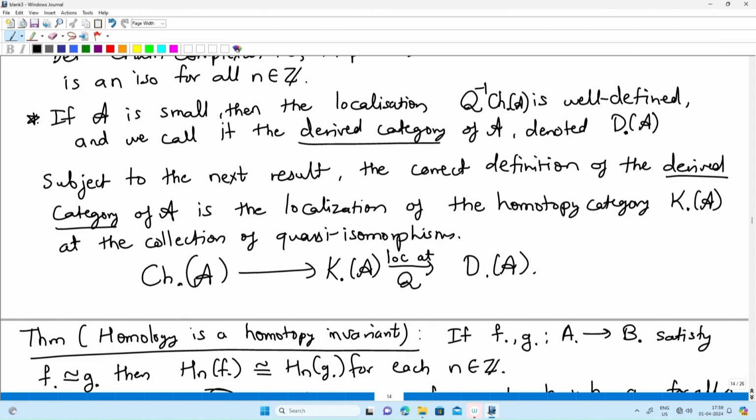I will still have quasi-isomorphisms, their equivalence classes. The equivalence class of a quasi-isomorphism will still be a quasi-isomorphism, and K dot A is a much more manageable category, and quasi-isomorphisms will form a multiplicative system there, so you can localize, formally invert them, and what you get is the derived category.